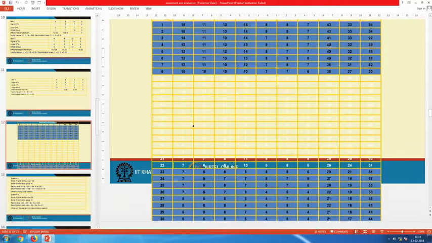So, I can calculate. First students: 15 plus 15 plus 14 plus 12 plus 13 plus 13 plus 12 plus 15. So, I can see there is a 45, 45 plus 25, 70, 70 plus 25 is 95, then 14.